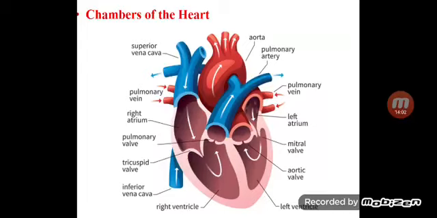So each atrium opens into the corresponding ventricle by an atrioventricular valve, which on the right side is named the tricuspid valve. And on the left side, it is the left atrioventricular valve, named the mitral valve or bicuspid valve.